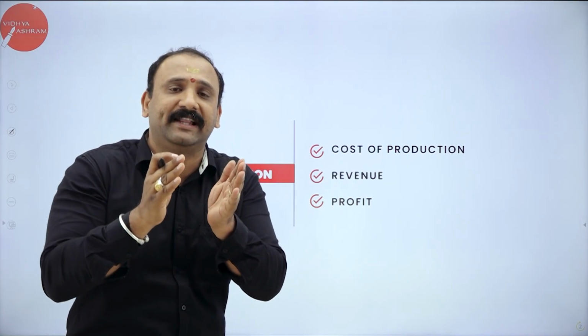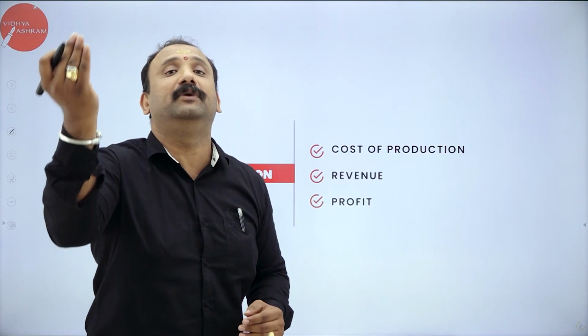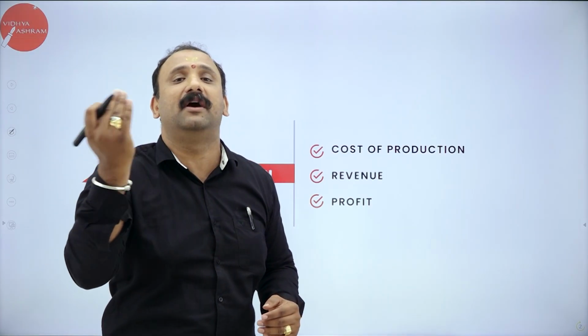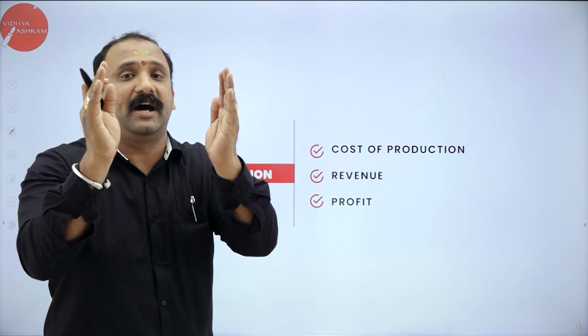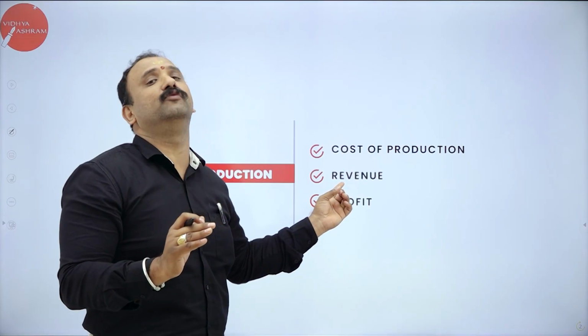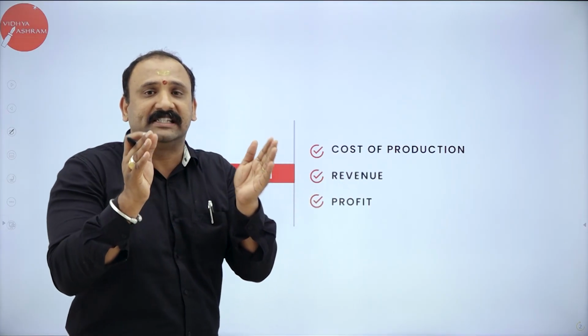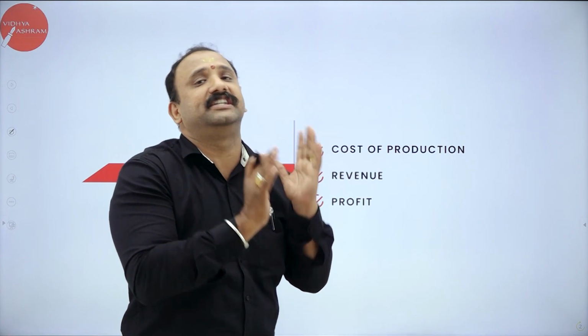Once all the 10,000 chocolates are sold in the market, the company will receive income. The company will receive the money after the sales. That part of the sales is converted into revenue for us. So revenue is that basic income. Leaving the expenditure apart, revenue is the basic income that you are going to get after sales.